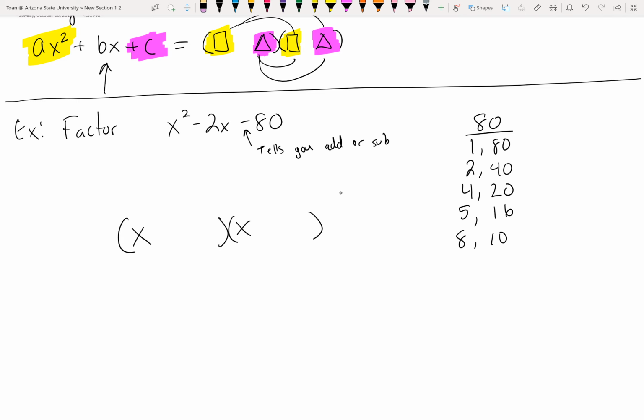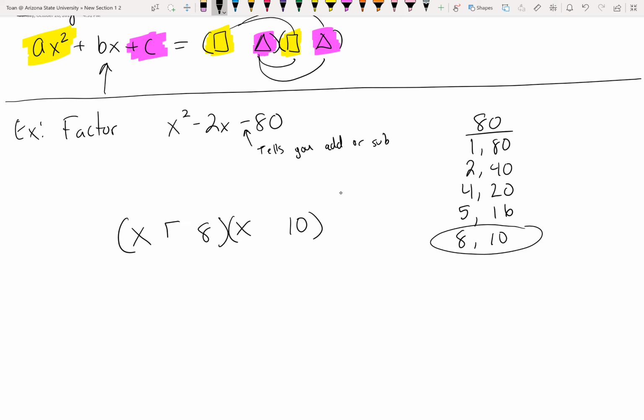And I ask myself, which pair subtracts to the middle number? Again, ignore positive or negative. Just do big number minus small number for now. What pair subtracts to a 2? And I hope everyone can see that 10 minus 8 is 2. So that will be the numbers I put in here.